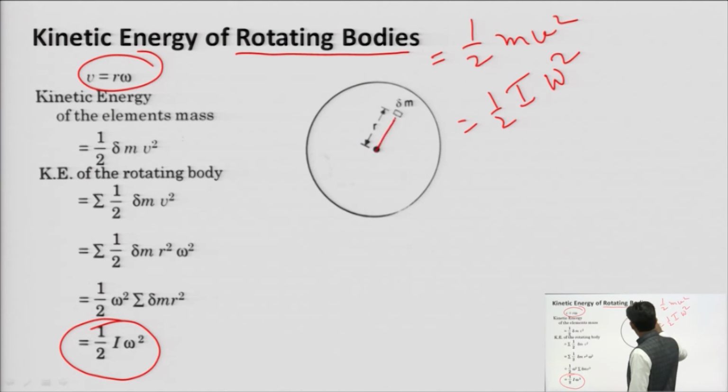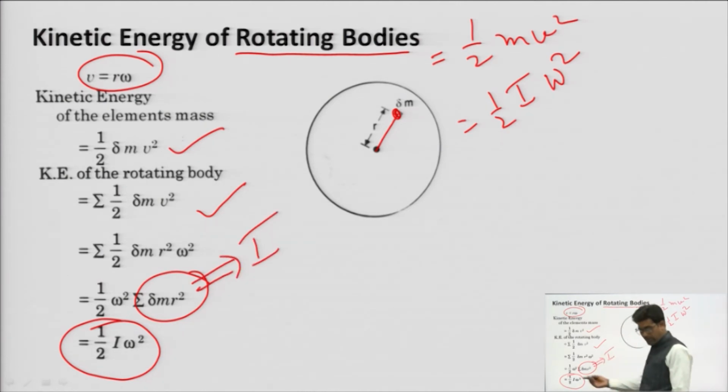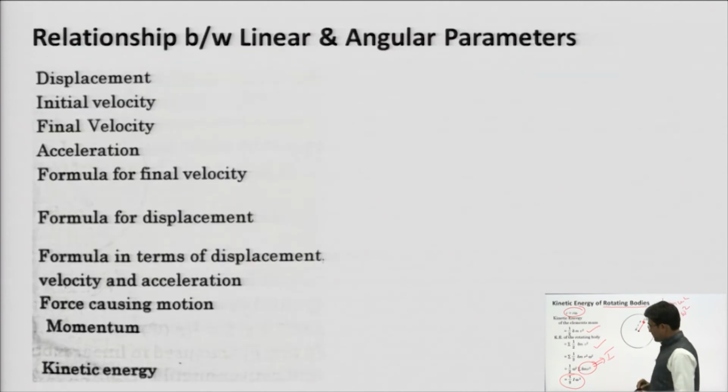Considering a small element del m as in the previous case, the kinetic energy is half del m v square. The kinetic energy of the rotating body is the summation over all elements, giving sum of del m r square, which is the moment of inertia I. So we got the same result.